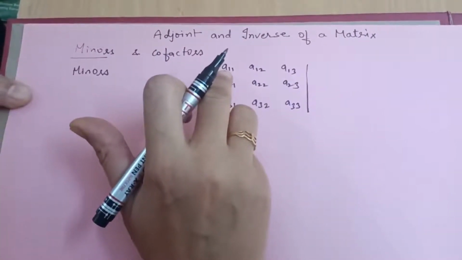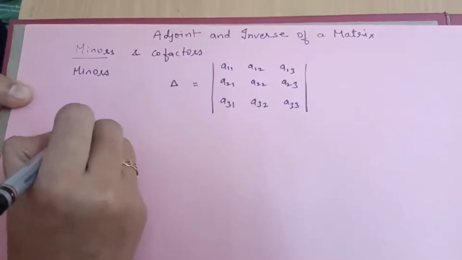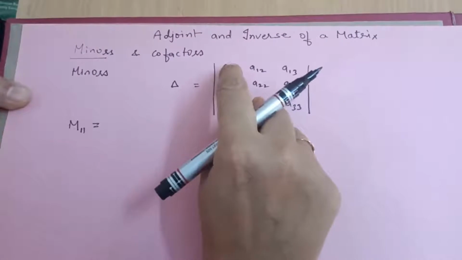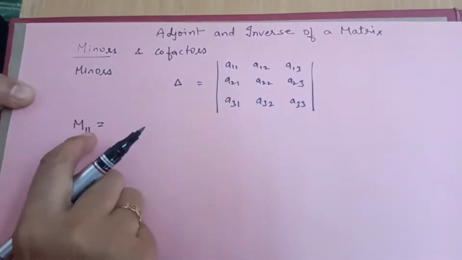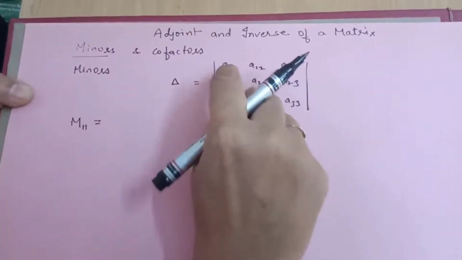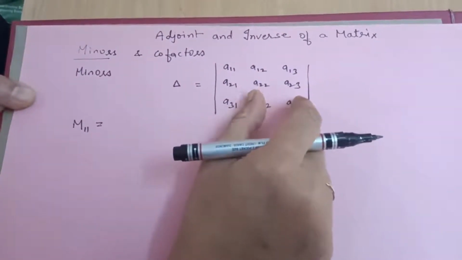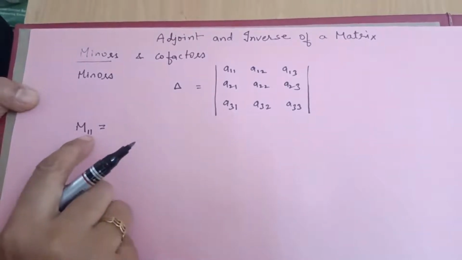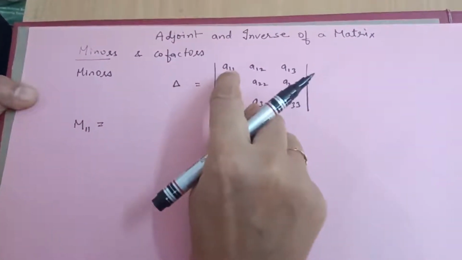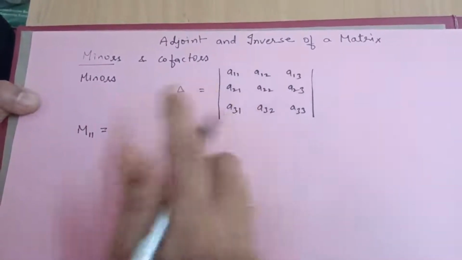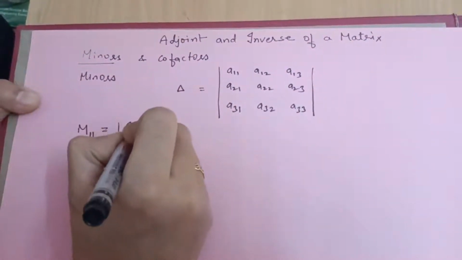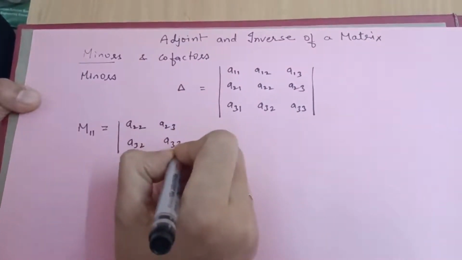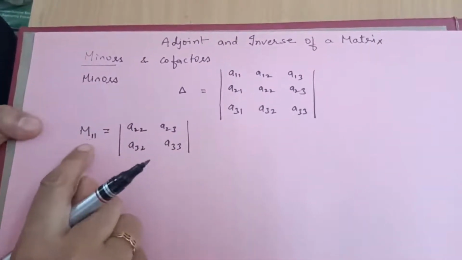Minor of A11 will be denoted as M11, and it is found by deleting the first row and first column. What determinant you get is the minor of element A11. So it will be A22, A23, A32, A33.